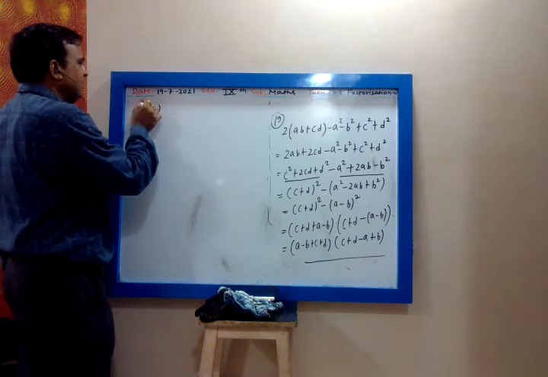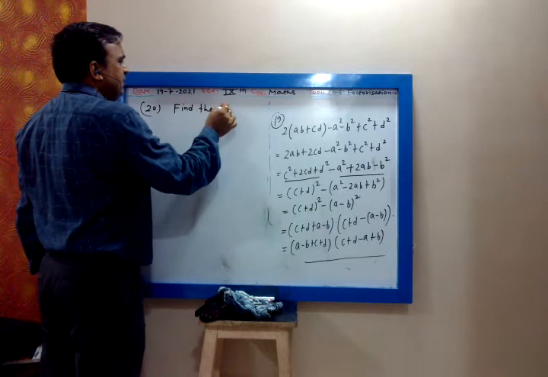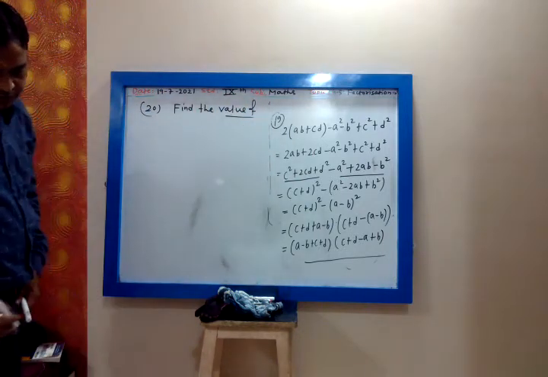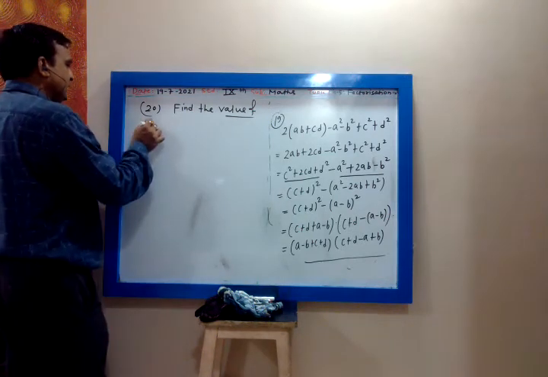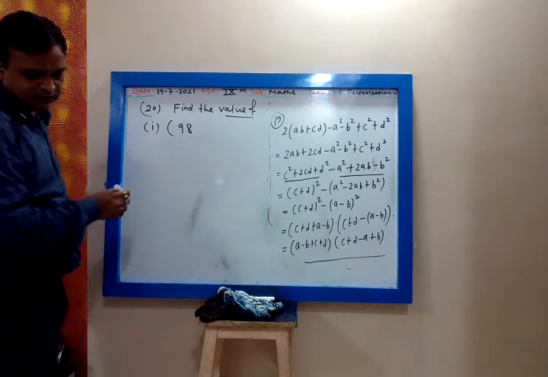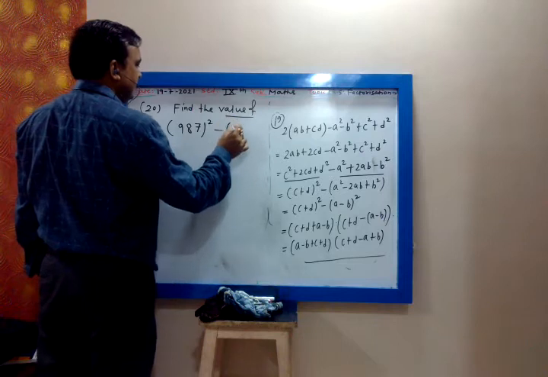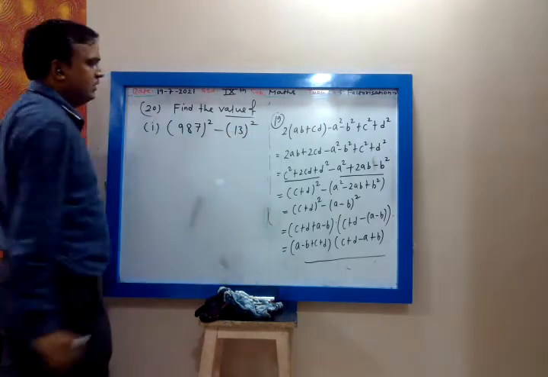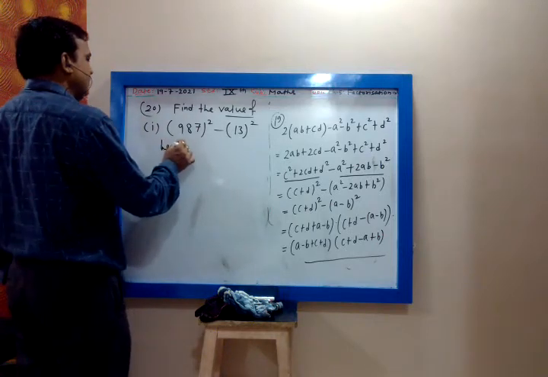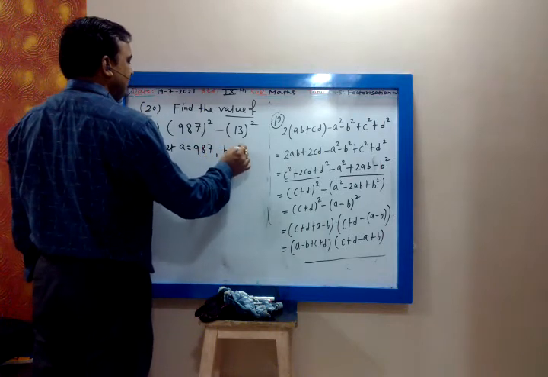Find the value of. You have to identify the type. First, 987 square minus 13 square. What is this type? Let A is equal to 987, B is equal to 13.